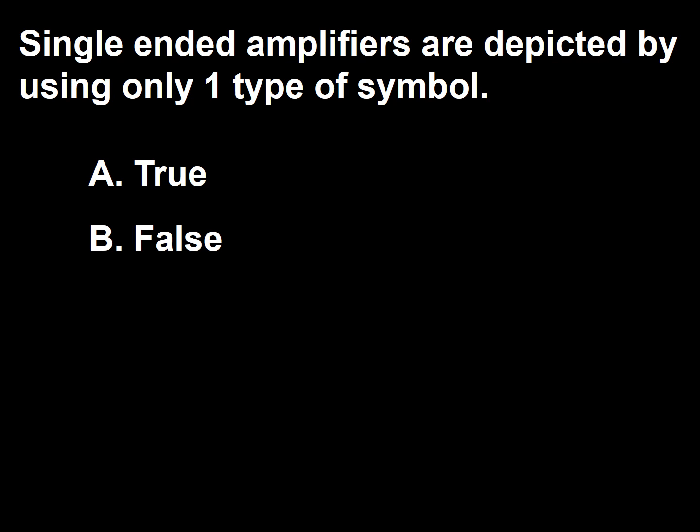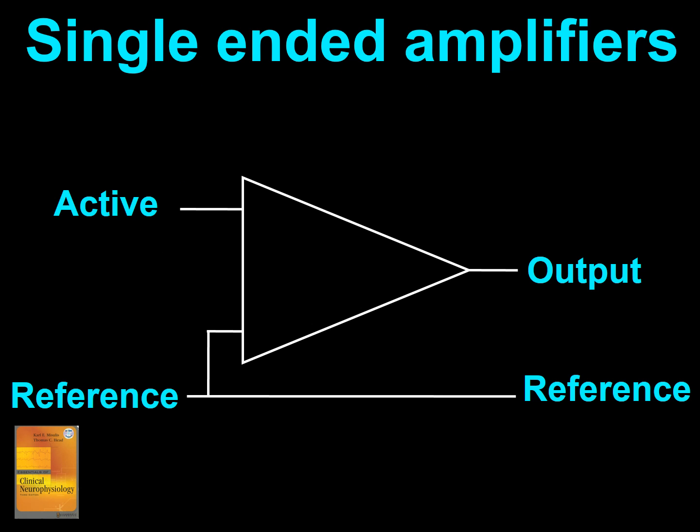Next question. Single-ended amplifiers are depicted by using only one type of symbol. A, true; B, false. Single-ended amplifiers are represented differently in different books. In this frame, I am showing you the representation used in Misuli's book. In this book, single-ended amplifiers are represented as triangles.